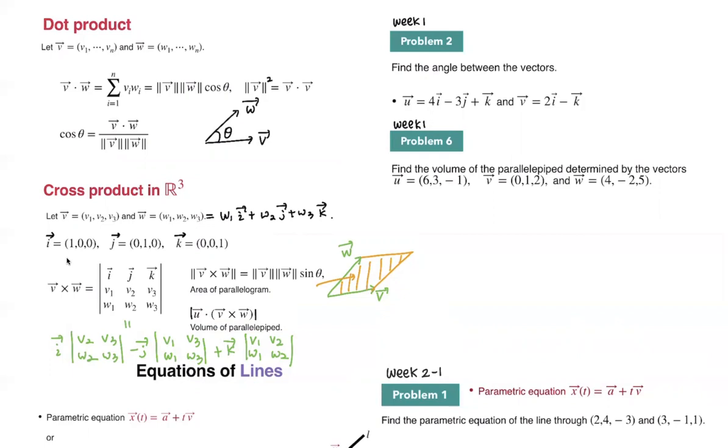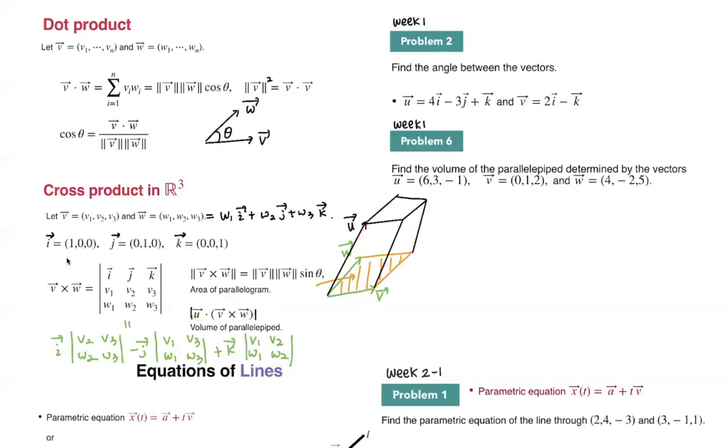So if we say that our u is given by this, then the parallelepiped is, I'm not good at drawing, it's hard to draw. Yes, this volume is given by this formula.